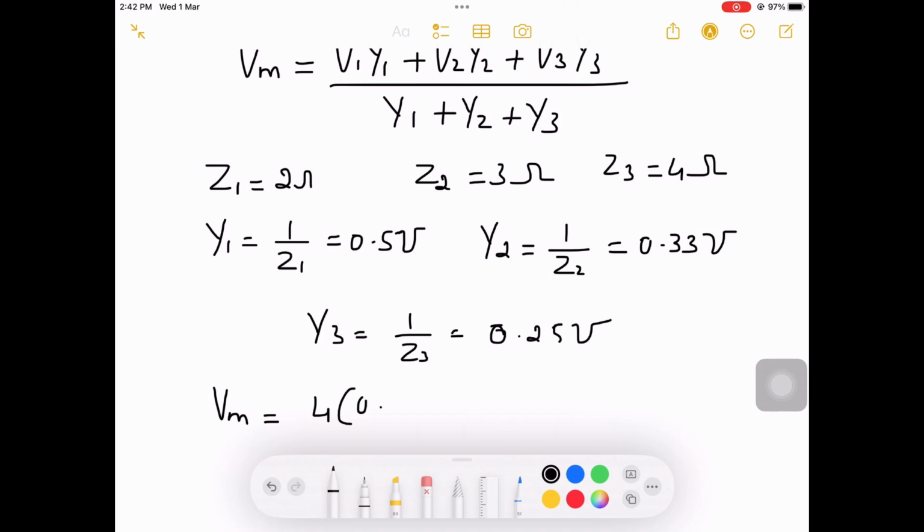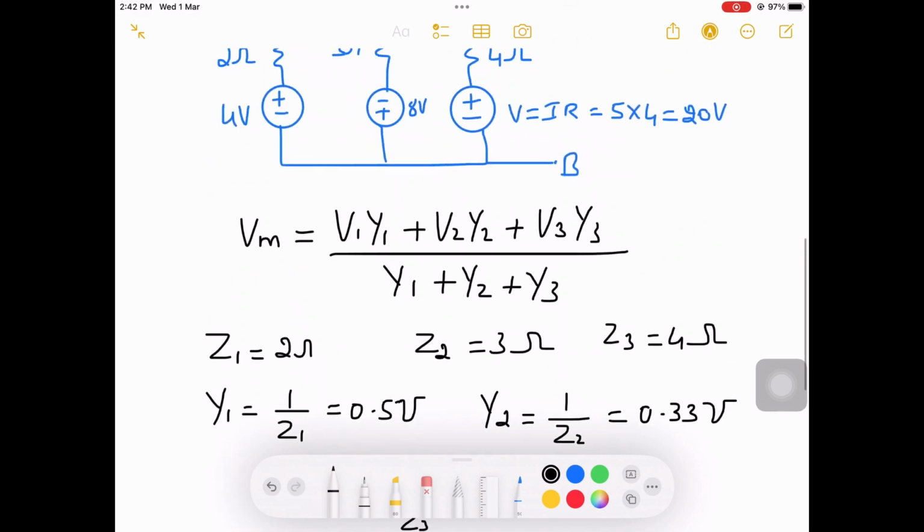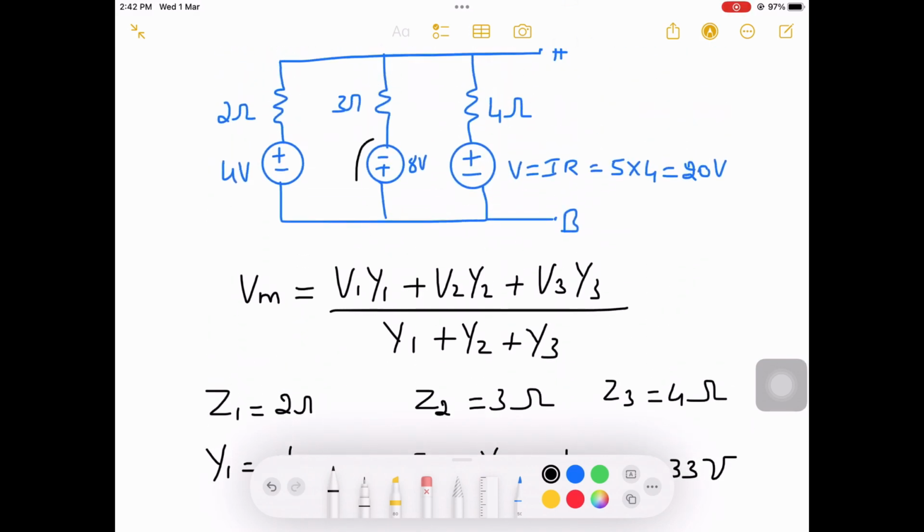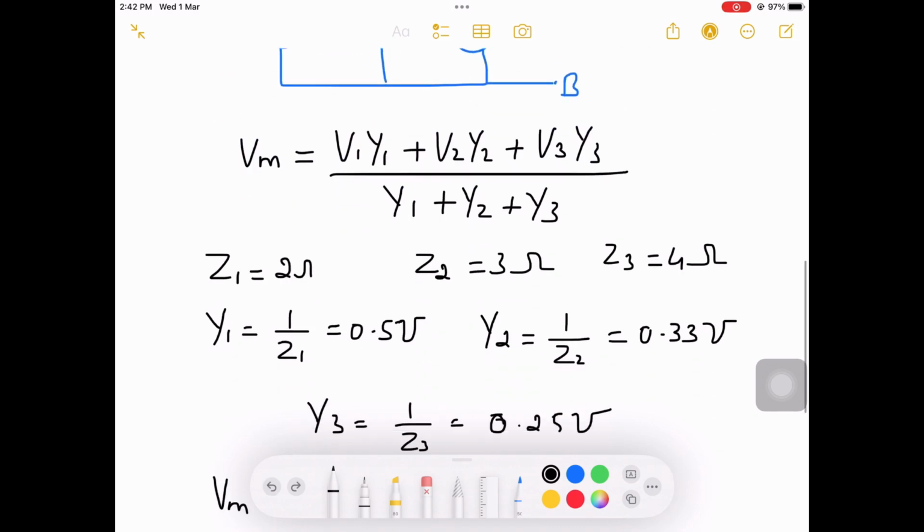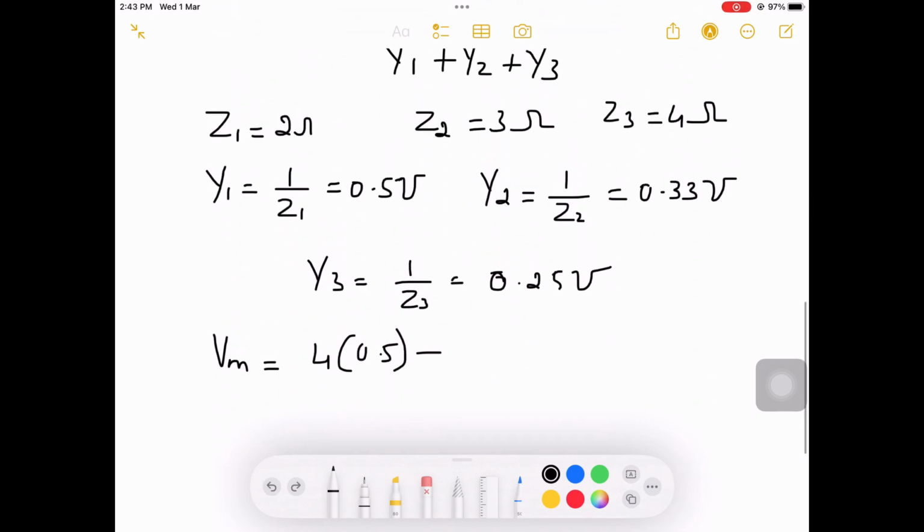I will substitute 4 into 0.5 plus 8 into, so it's not plus. If you look at the polarity in the circuit, the polarity of 8 volts is given as a minus. Hence I need to take minus 8 into 0.33.